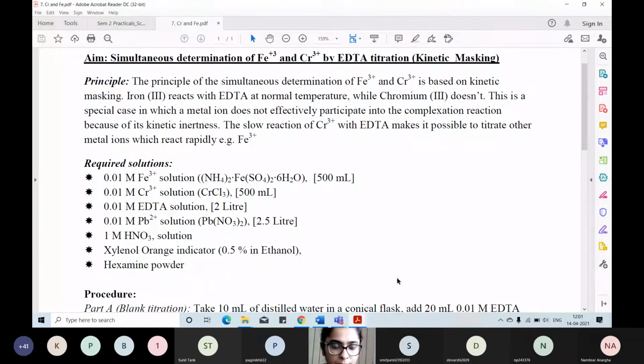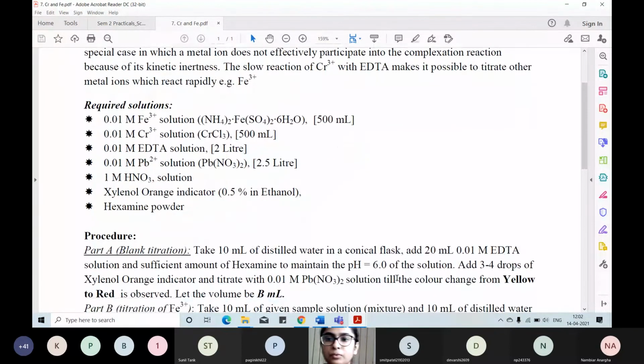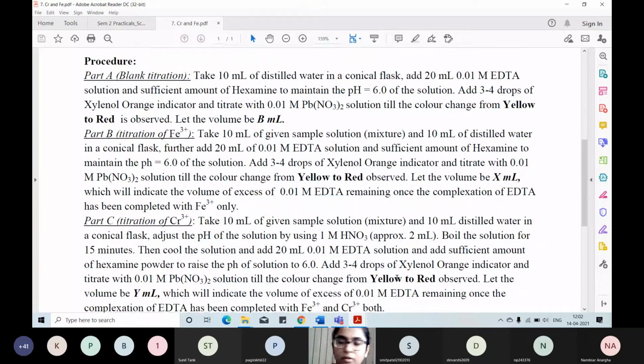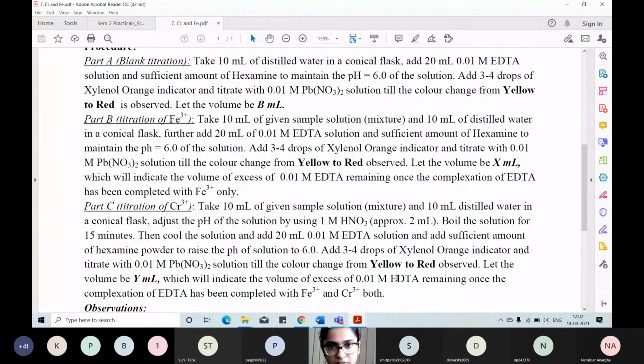Now, okay, could you move a little down, Anara? I told you about part B and part C, right? Along with that we will perform the blank calculation also.